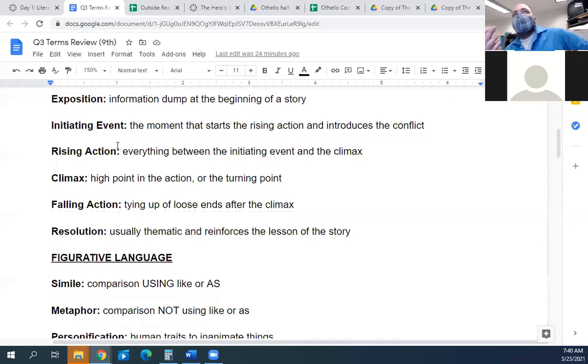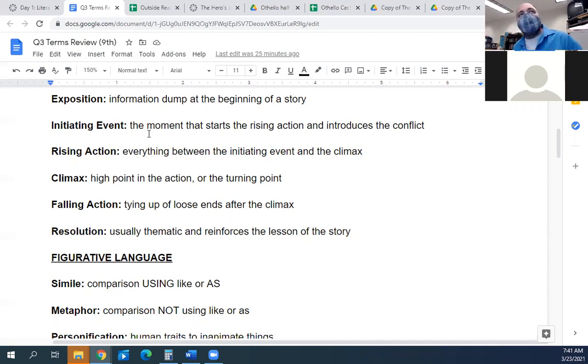The initiating event is the moment that starts the rising action and introduces the conflict of the story. You guys are all far enough along in your books that you should know what the initiating event is. In the Hunger Games, Prim gets selected for the Hunger Games, and Katniss has to volunteer as tribute. In Ender's Game, Ender is selected to go to battle school and gets on a spaceship and flies up to battle school.